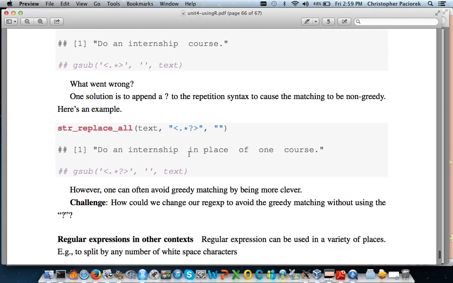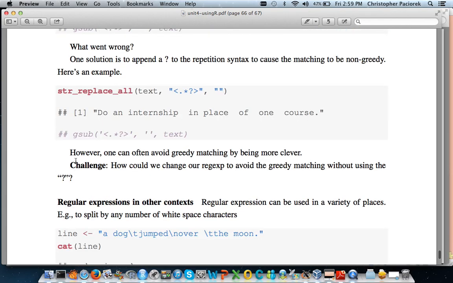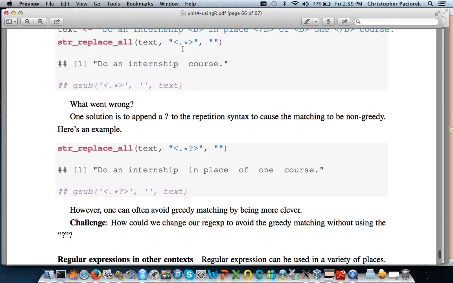Let me just ask one more question, which is we could actually be a little bit more clever about doing this and not even use that question mark in our regular expression to avoid the greedy matching. So anybody have any ideas of what we could do instead of this, without even using a question mark at all, to be a little bit smarter and avoid the greedy matching?